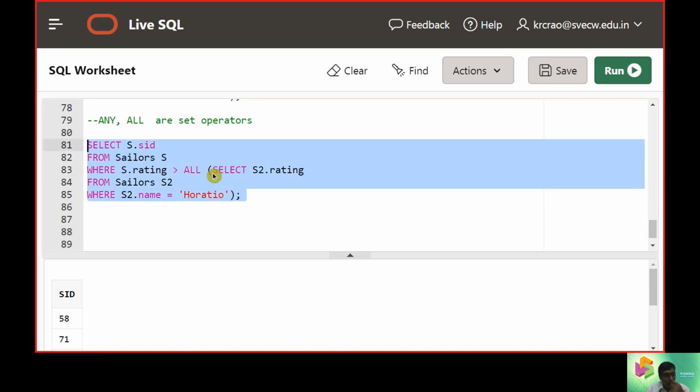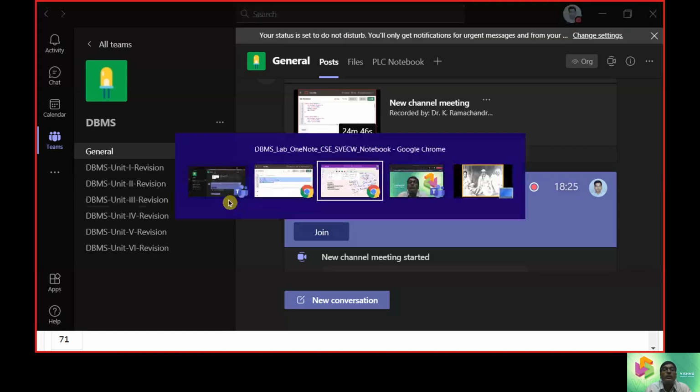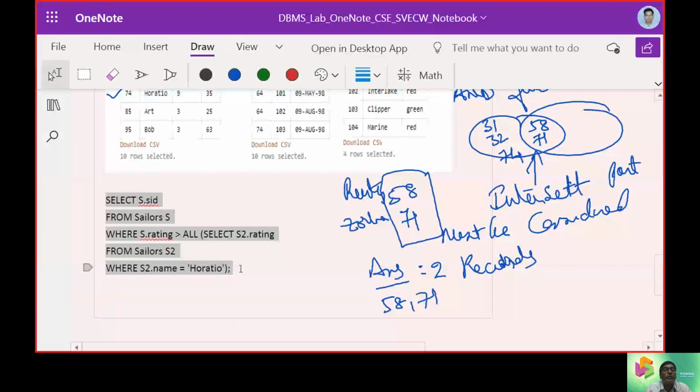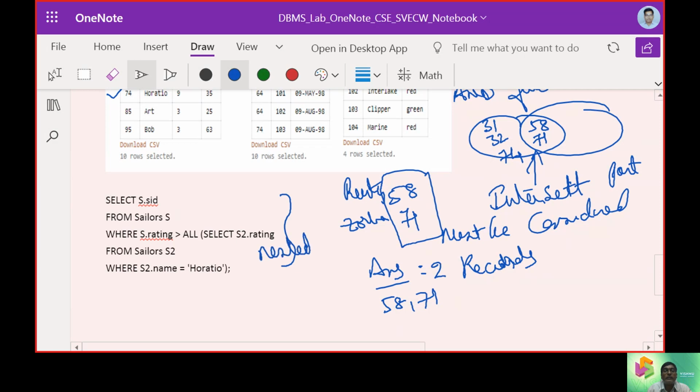Again, it is a model of nested queries. The things in the all part will execute first, and the rest execute next. These are going to be the inputs. This is a form of nested query.